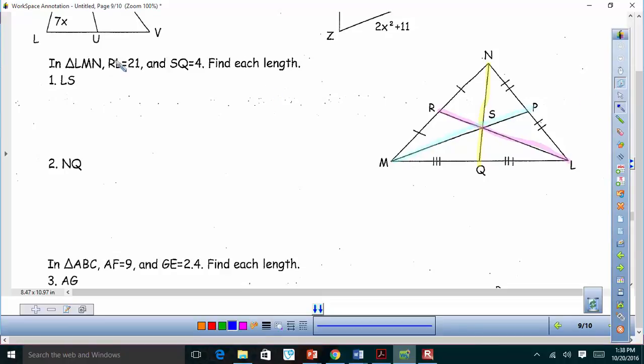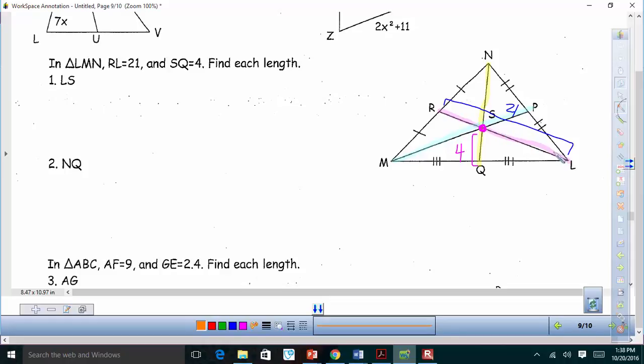Okay, so it tells me that RL, this whole median right here, is 21. Okay, and then SQ is from S, which is the centroid, to Q. Is this the short piece or a long piece of this one? This is the short piece. Okay, so they asked me first to find LS. So LS is this length right here.